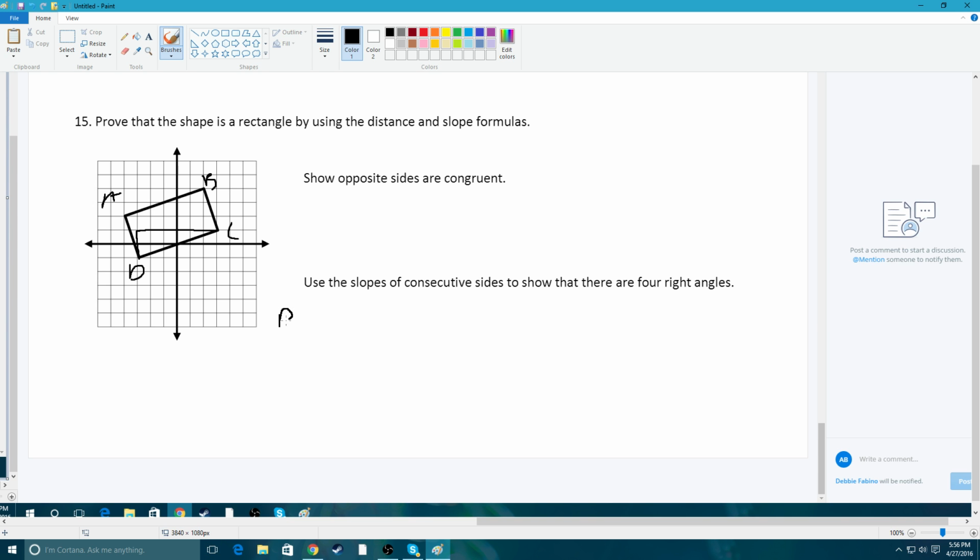So DC was equal to 2 over 6 or 1 over 3. AB is up 2 over 1, 2, 3, 4, 5, 6. So 2 over 6, that's equal to 1/3. That's AB slope.